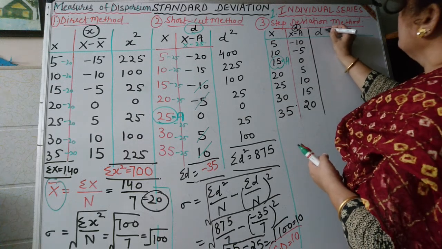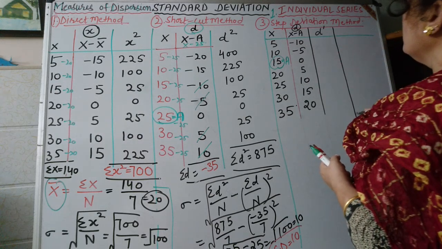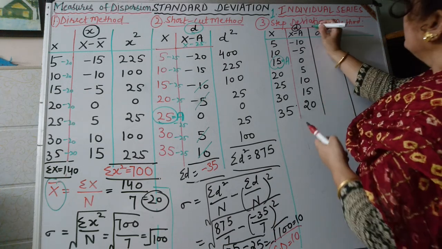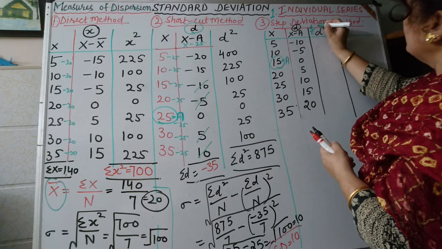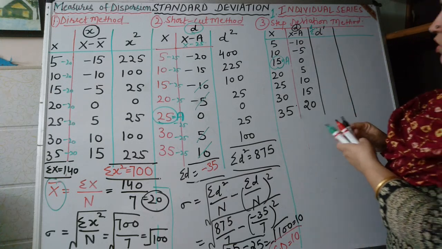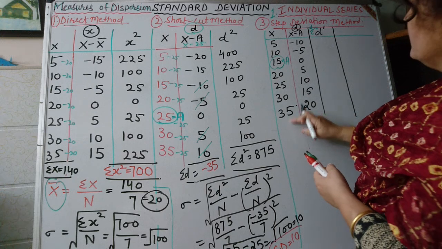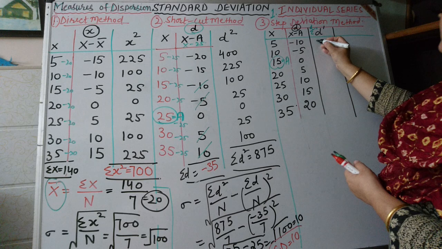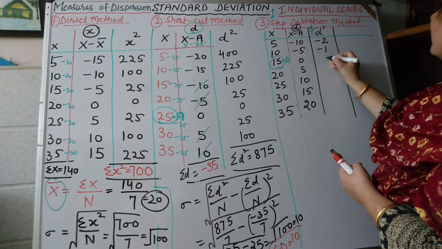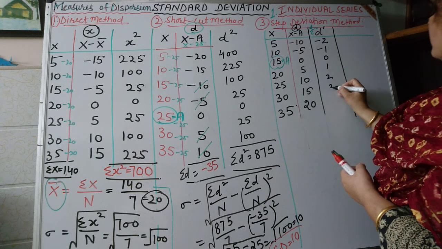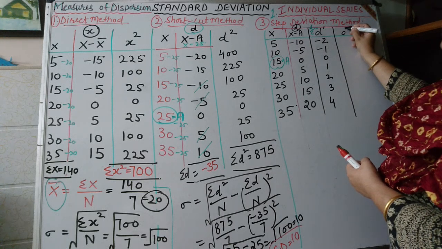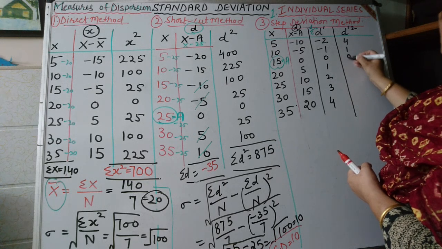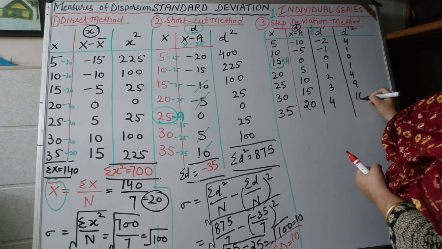Next we have to calculate d dash. For the calculation of d dash, d will be divided by c, that would be equivalent to d dash. It means the common class interval is 5, all the values of x are having equal distance of 5. So the values will be -2, -1, 0, 1, 2, 3 and 4. Then d dash square: 4, 1, 0, 1, 4, 9, 16.